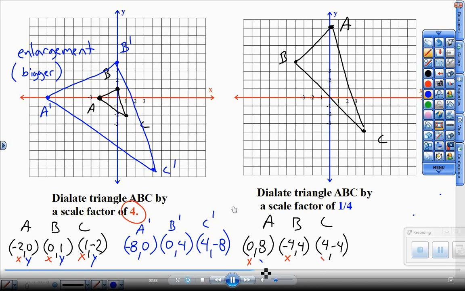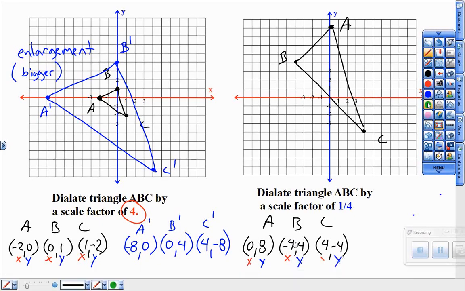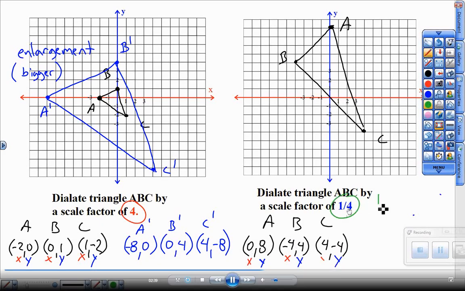But just know, timesing these numbers by a fourth is the same as dividing each one of these by 4. If I would have had the scale factor of 1/3, I would have been dividing everything by 3. If this was a scale factor of 1/2, I would have been dividing everything by 2.